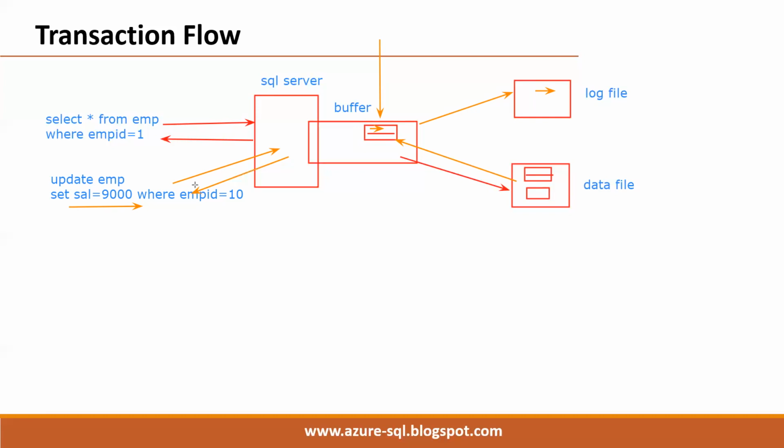Clear, right? Why? Because tomorrow, if the server is restarted unexpectedly, this buffer cache is erased, but the data is there in the log file. So SQL Server will go to the log file and copy the pending changes which are not written into the data file into the buffer, then write them into the data file.